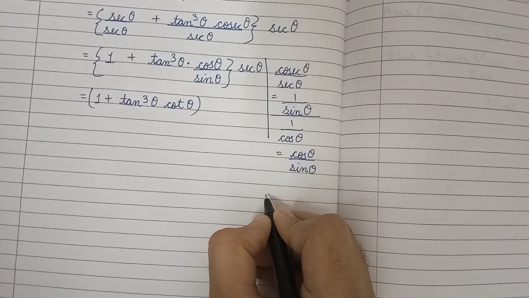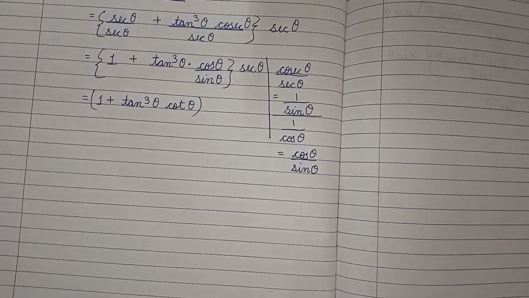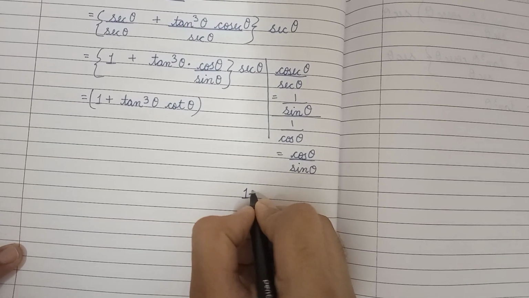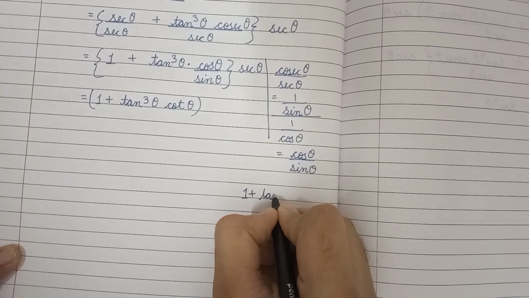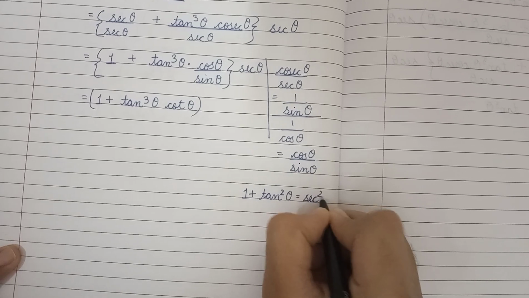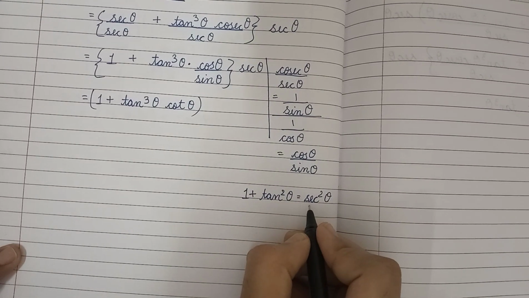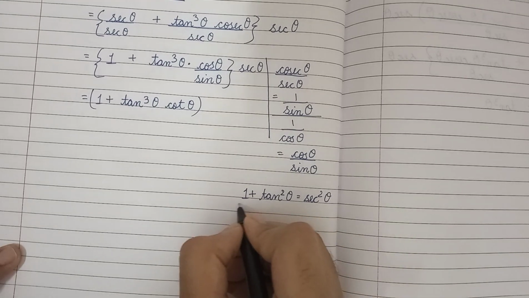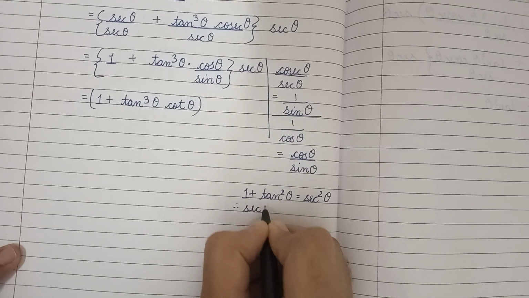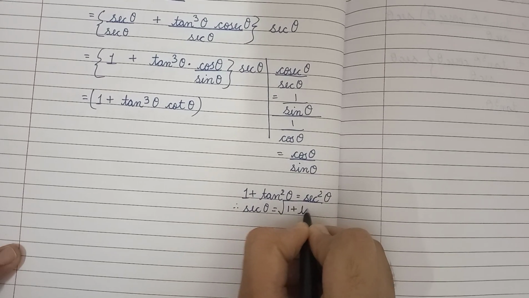Now sec theta can be expressed using an identity. So we write 1 plus tan square theta equals sec square theta. Therefore, we can write that sec theta equals under root 1 plus tan square theta.